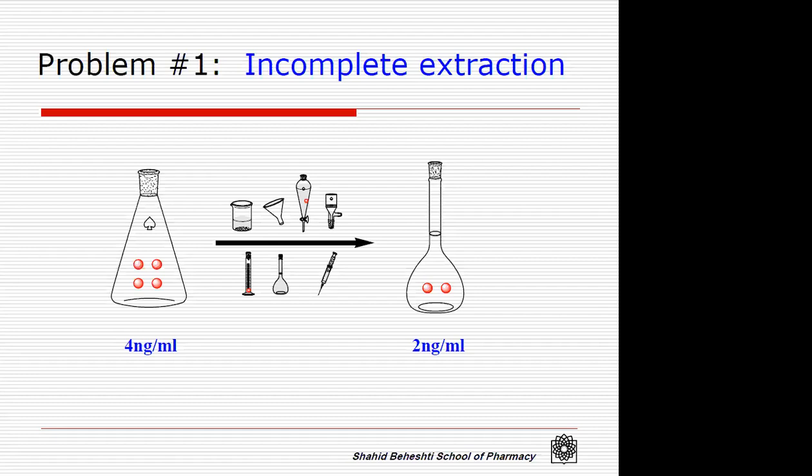So the first problem is the extraction problem, which is not a very difficult problem. It is just enough that we come up with a solvent which is able to extract all the amino acids and all the acylcarnitines together from a dry blood spot.